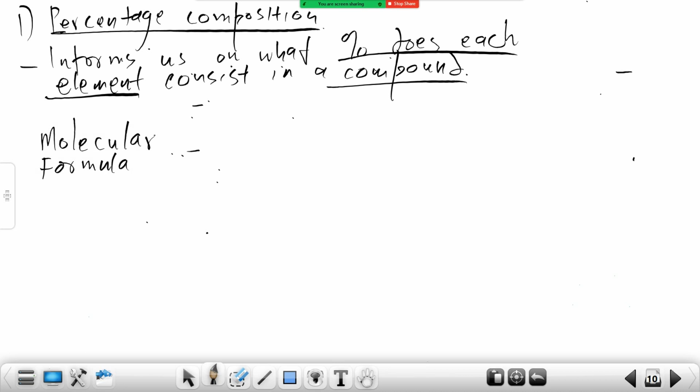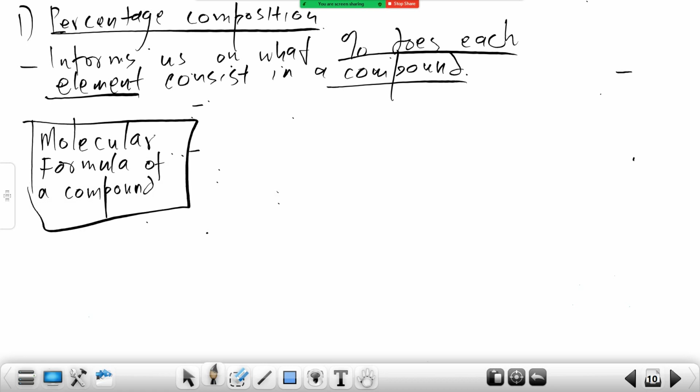So when you have the molecular formula of a compound, the molecular formula obviously will inform us in terms of which elements we have.